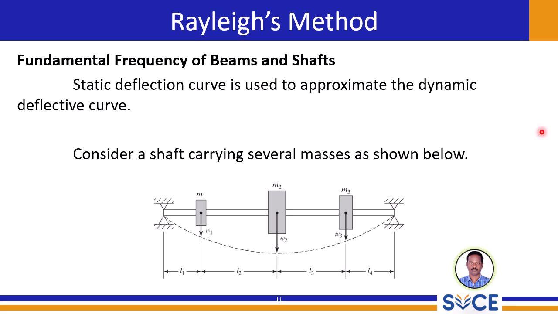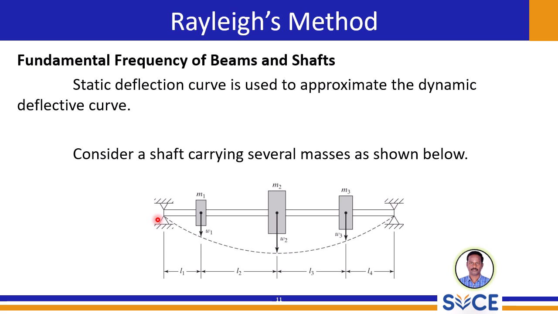Consider this example: a shaft supported at both ends, carrying several discrete masses labeled M1, M2, M3. Due to the weights of the masses W1, W2, W3 acting downwards, the shaft will deflect. This deflection is shown by the dotted lines. This is the deflected shaft.